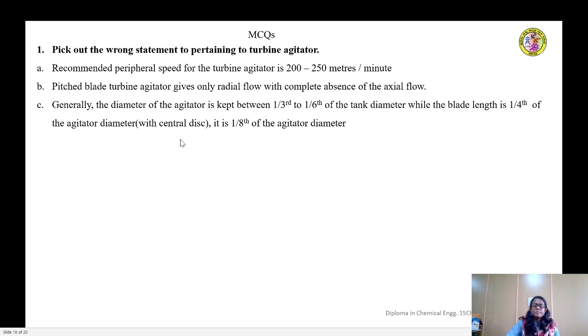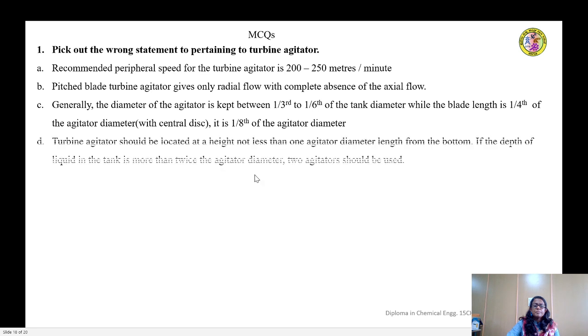In case of a disc attached to the central hub of the shaft, it is 1/8 of the agitator diameter without disc. So that part is missing here. Okay, so these are the dimensions of the blades and blade length in a turbine impeller.